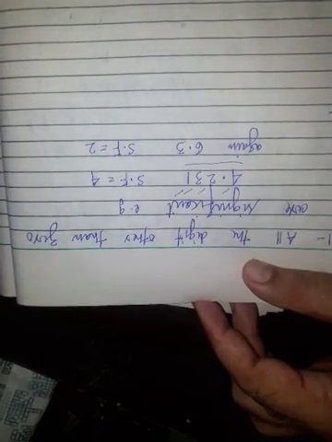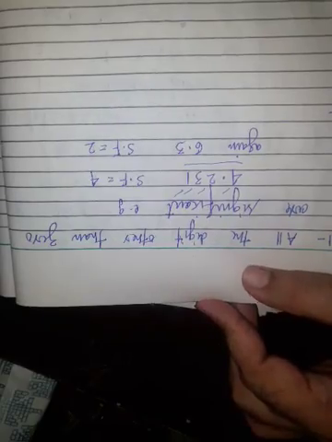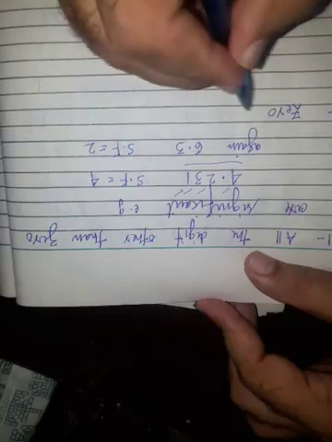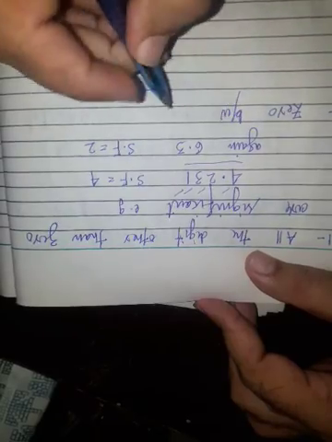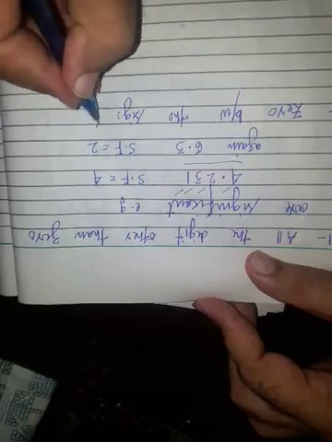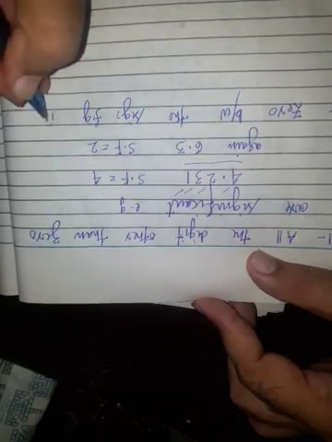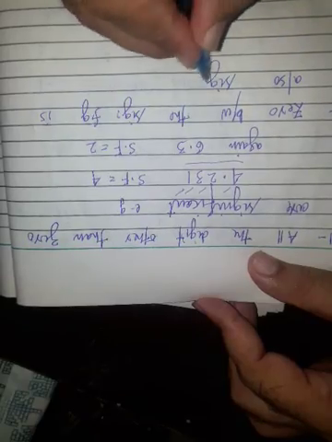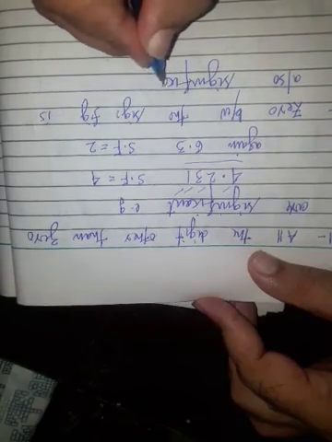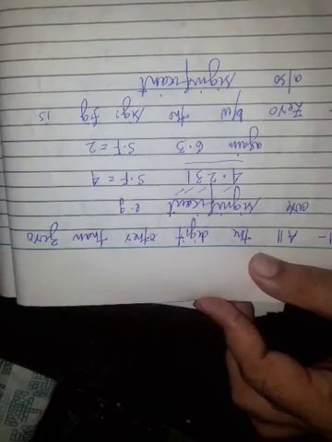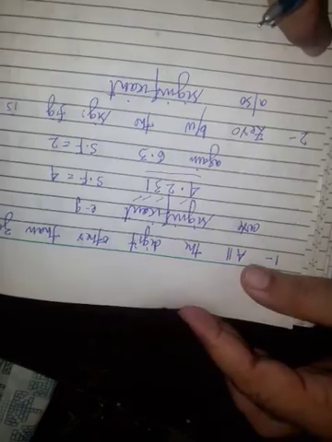Rule number 2. 0 between the significant figures is also significant.